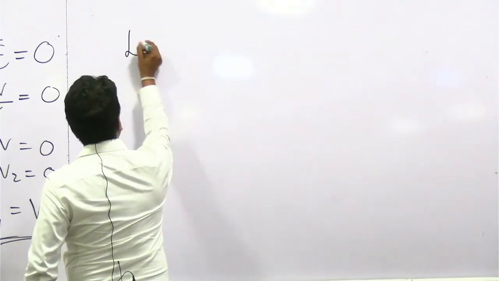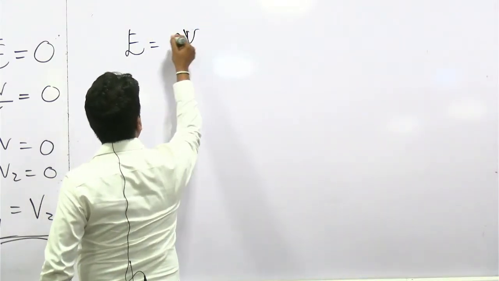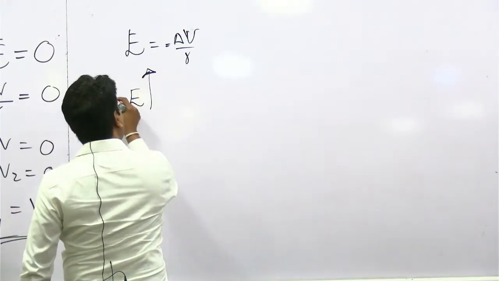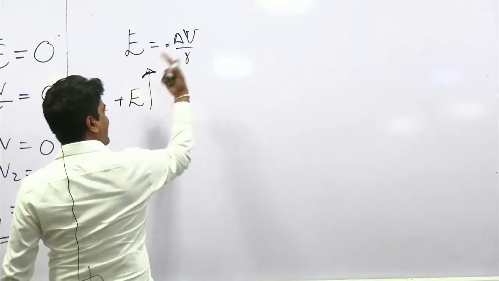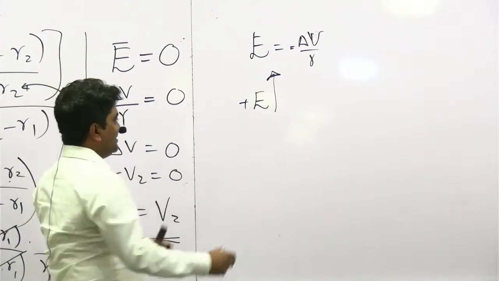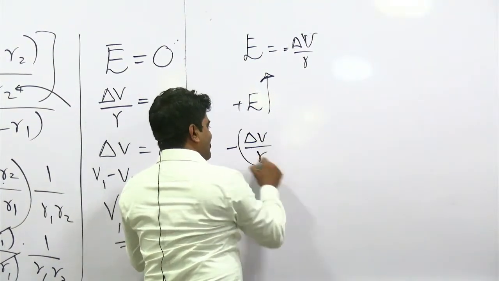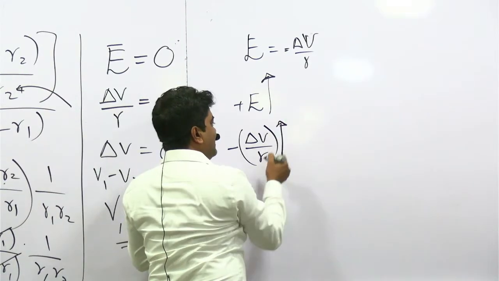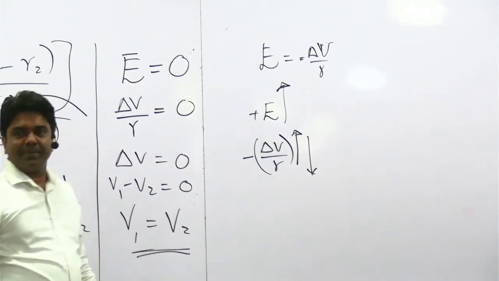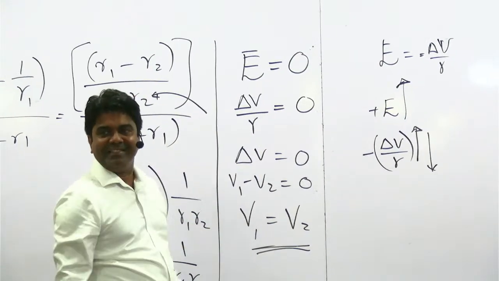Now, E equals negative delta V over delta R. So E is increasing positively, right? So delta V over delta R is negative. So this is increasing positively, this is decreasing value wise. The value increases negatively.